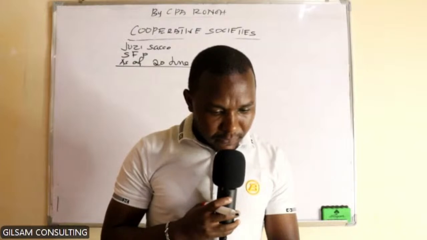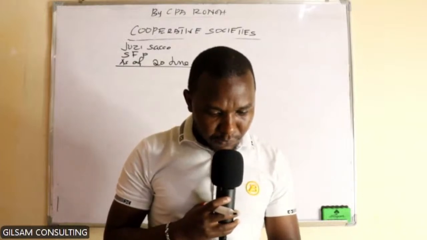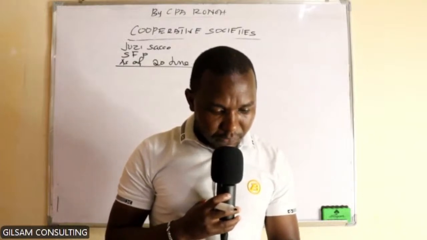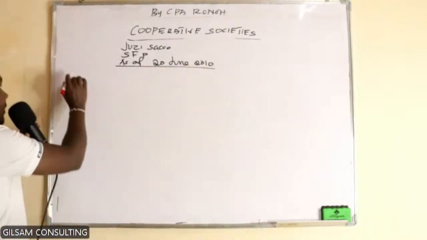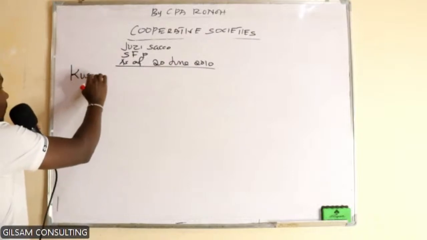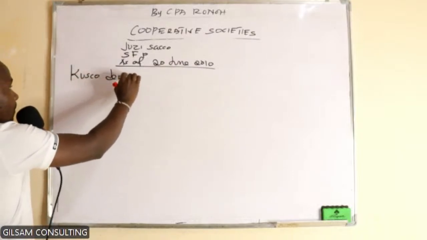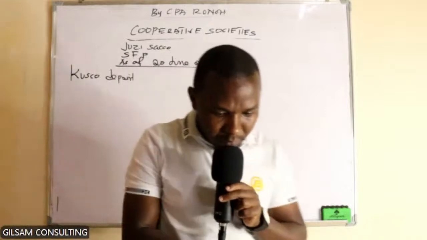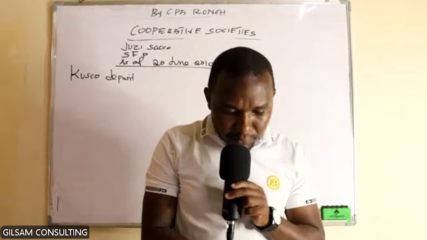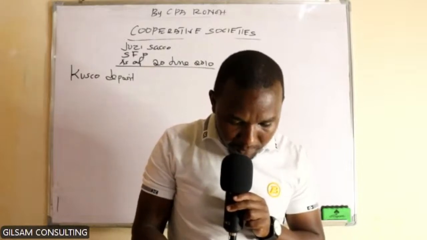The first asset, where do we have it? Sacco deposit is also an asset. So we have Sacco deposit, an asset of... Then I have to rule my values.